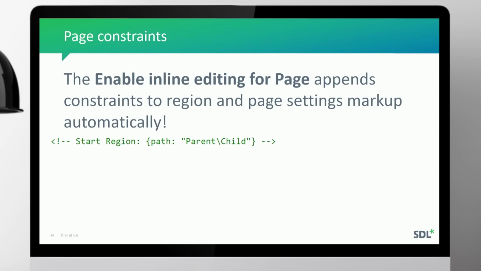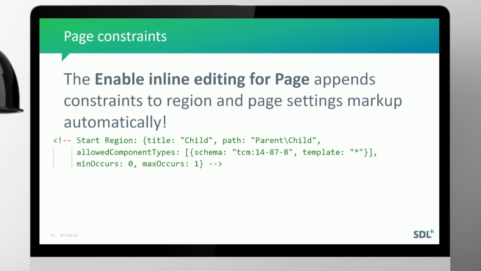So having this path, it will find out all the other properties. It will generate the title and allowed component templates, and min occurs, max occurs constraints will be generated automatically by this template building block.